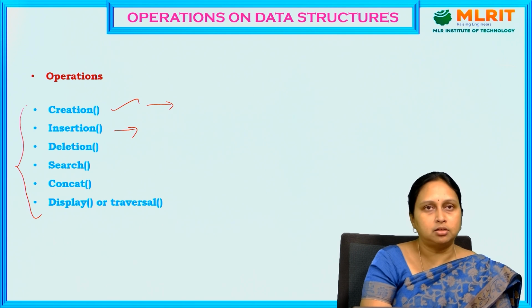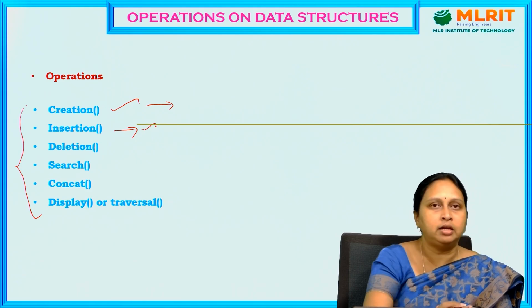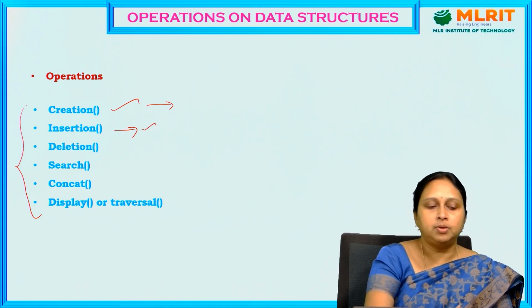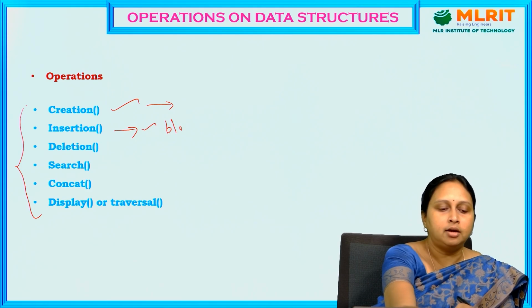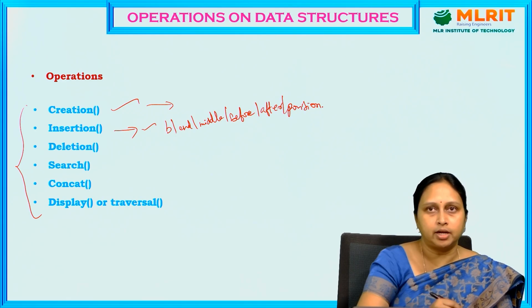Insertion can be done in the linked list. Suppose I consider a linked list, in that particular case, insertion can be done at any end, either the beginning or the end or in the middle, before, after, or based on any position. In all these places we can do this, right?